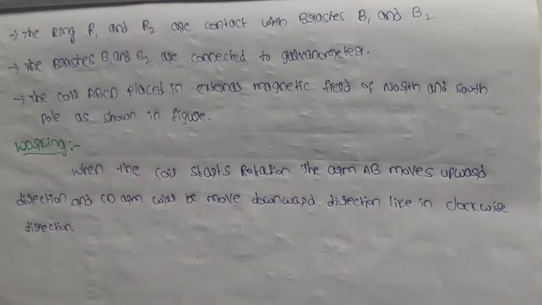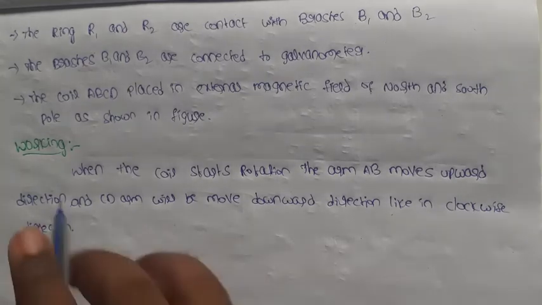So due to the change in the magnetic field surrounded by the coil, electromagnetic induction takes place. Due to the electromagnetic induction, induced current will be developed.